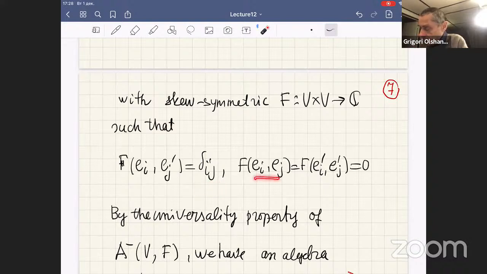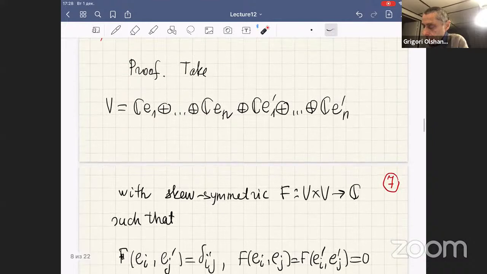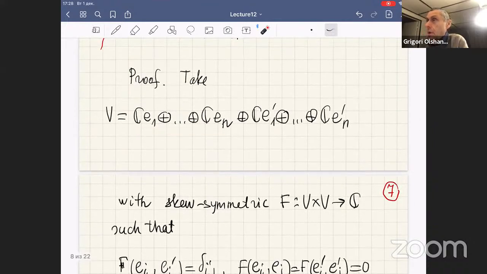And these quantities are equal to 0, which means, in other terms, that this is an isotropic subspace, and this is also an isotropic subspace, and actually they are Lagrangian subspaces because they have maximal possible dimension equal to n.